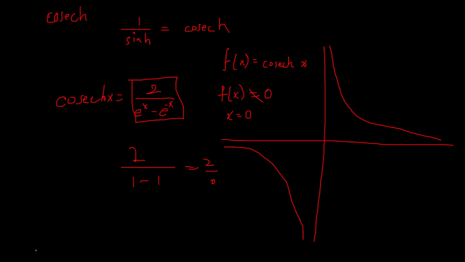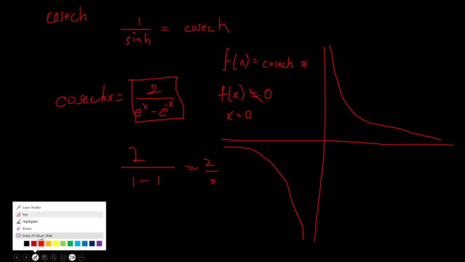Okay, moving on, we have to tackle sech x. Using the previous identities, you can say 1 over cos equals sech x, and in doing so you'd be getting 2 over e to the power of x plus e to the power of minus x.